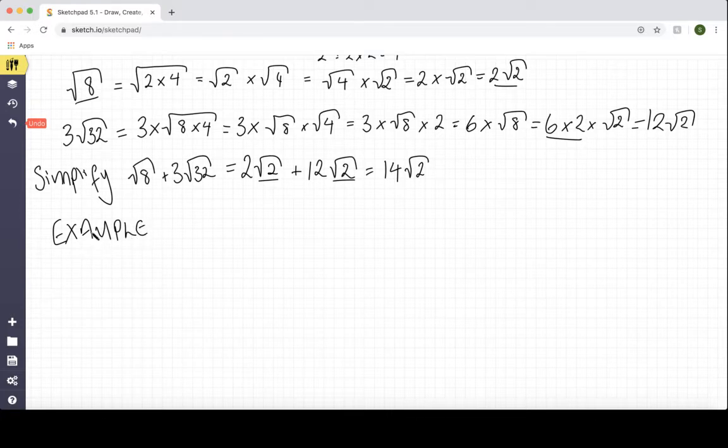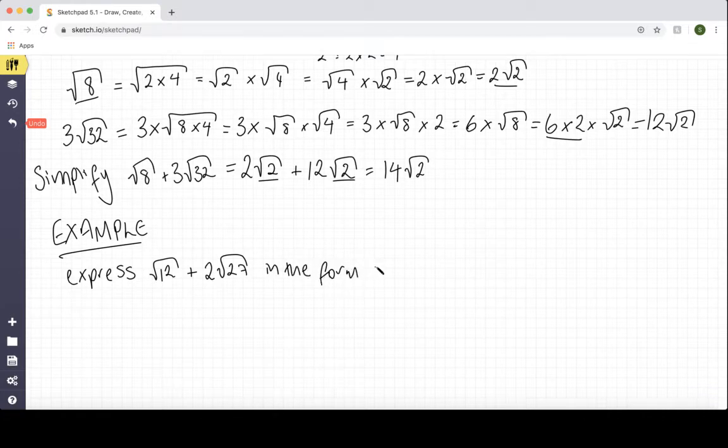Excuse my handwriting, I'm still getting used to this pad. So we have: express the square root of 12 plus 2 times the square root of 27 in the form a times the square root of 3.